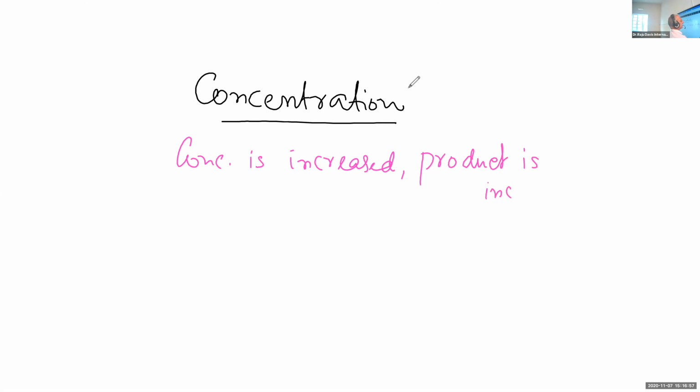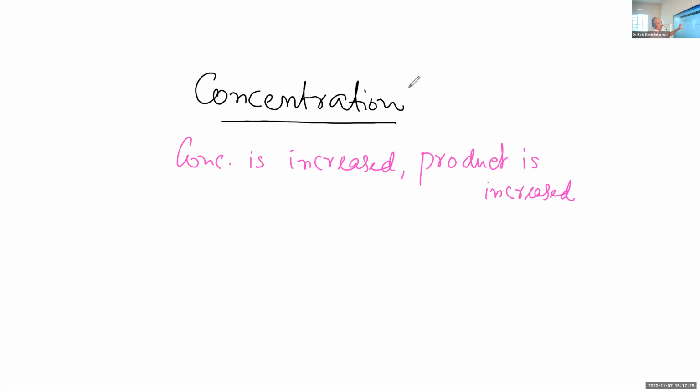That is the application of the Le Chatelier principle with regard to a change in concentration. We are going to change the concentration of the reactants. Here, you increase the concentration of the reactant. Then the forward reaction will increase and the product is increased, and vice versa.